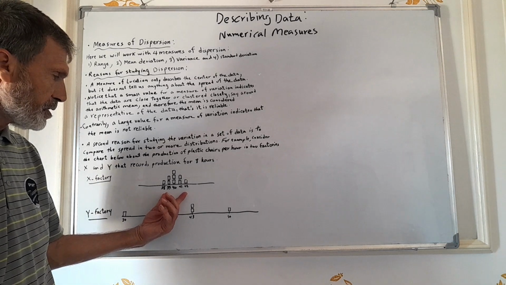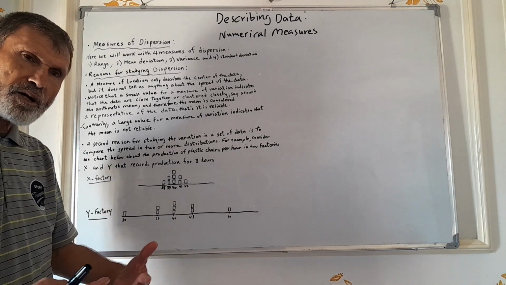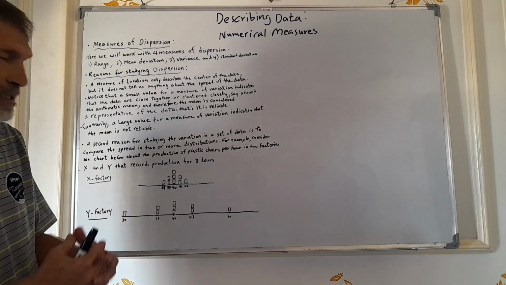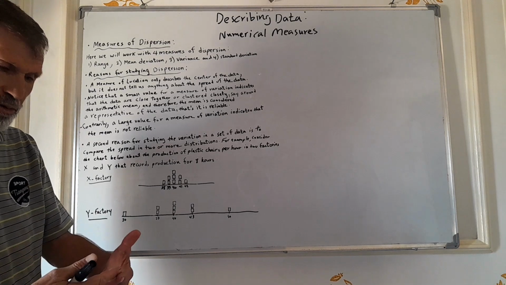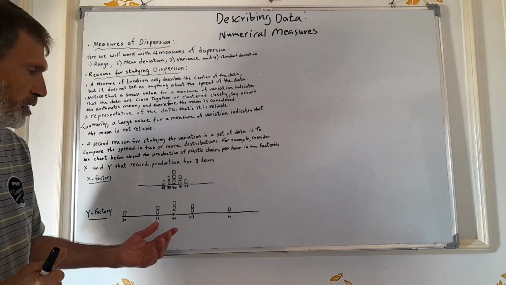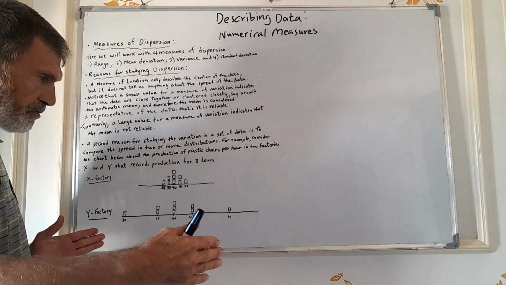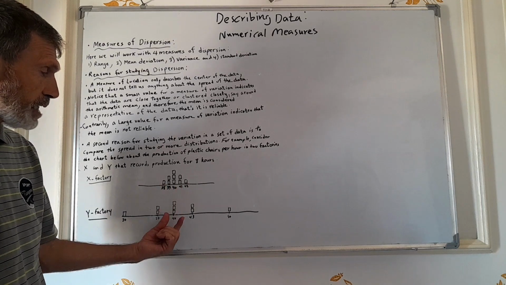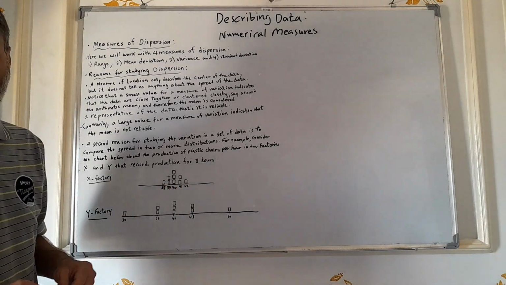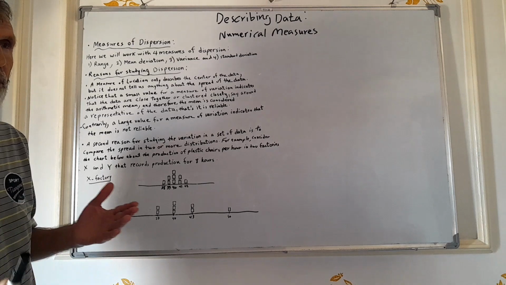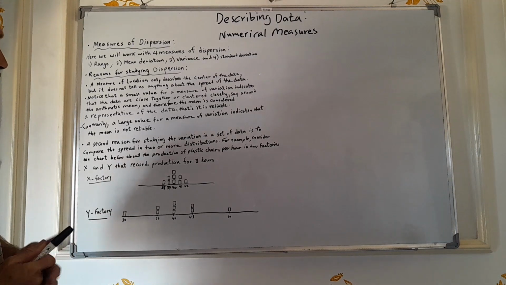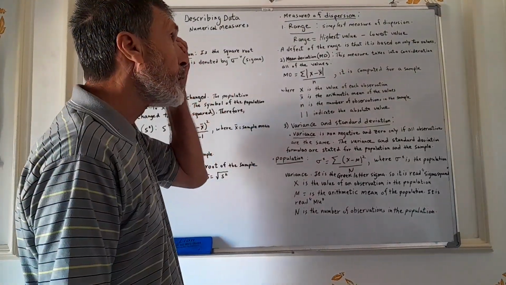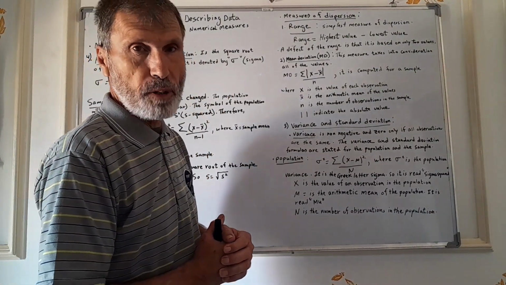Here, the data are very clustered around the mean, very close together. Over here, they are far apart, away from each other. Therefore, the second reason for studying the dispersion is that you can compare the spread in two or more distributions.